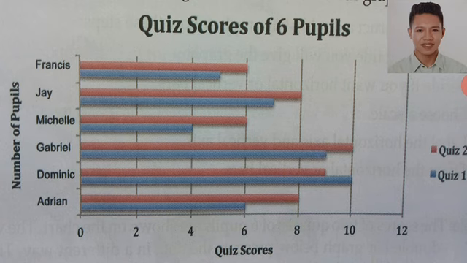Francis got 6 for the second quiz and 5 for the first quiz, with red for the second quiz and blue for the first quiz. J got 8 for the second quiz and 7 for the first quiz.